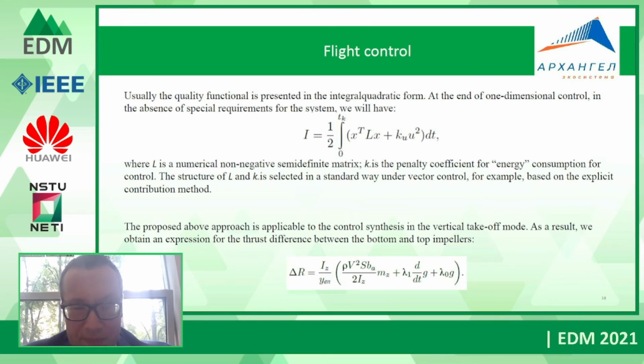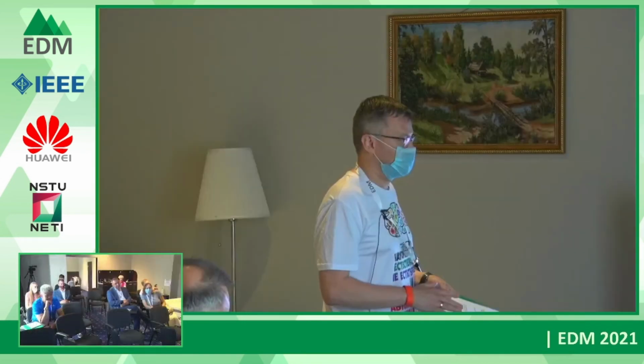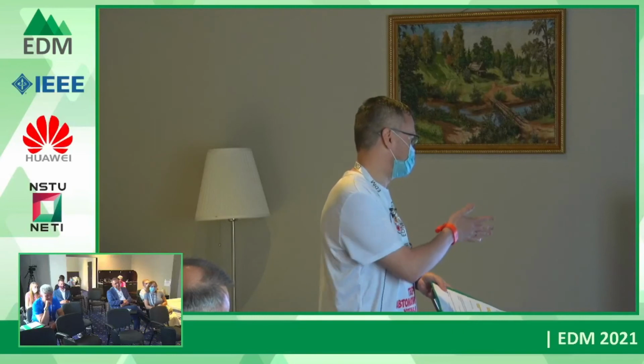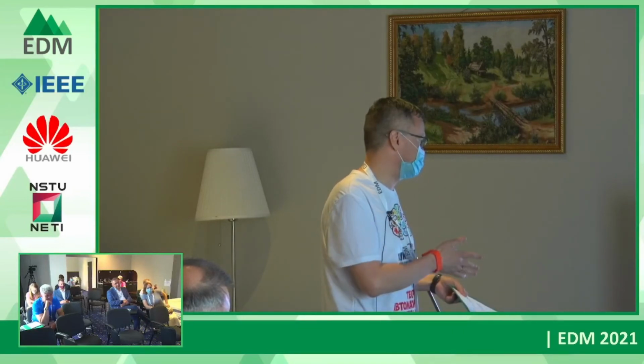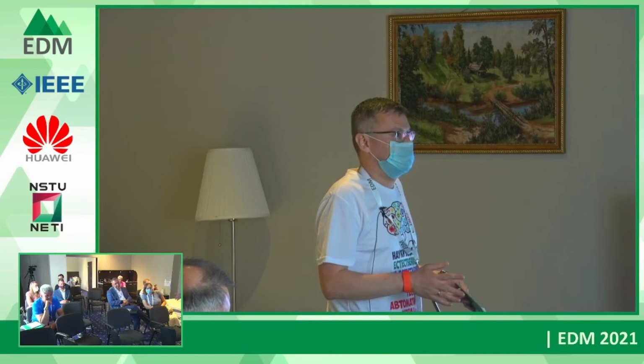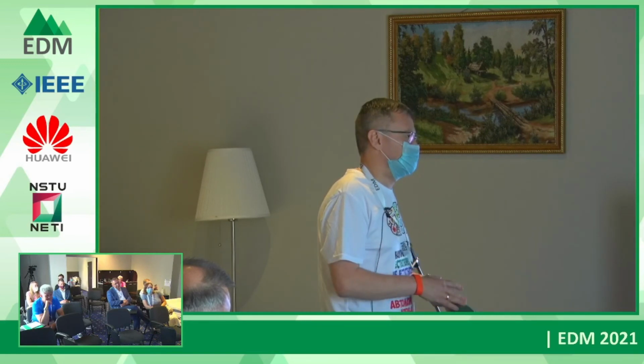I see, but in my point of view, the physical meaning, the control meaning of the L matrix is the weight of different coordinates of the state vector x. Am I right? Yes. Okay, and how to choose? For example, the first coordinate is more important for this cost function, and other coordinates are not important.